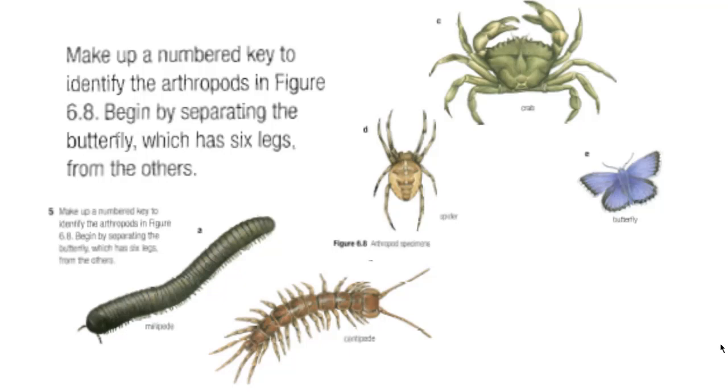Let me give you a small example. For example, this one can fly, go to number 3, I don't know. That's a butterfly. It has many legs, go to number 2. That's myriapods. Something like that. Okay, guys, good luck. I'm waiting for your numbered and spider keys.